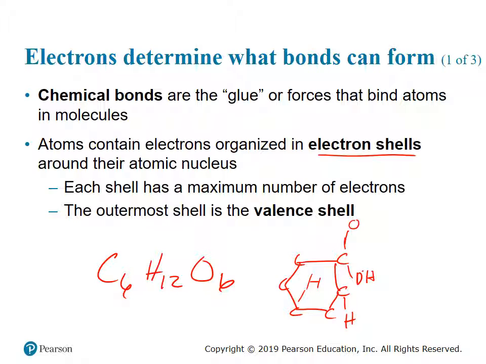Okay? Each shell, and I would call them little stages, we'll see them in a second. Each shell has a maximum number of electrons it can fit in each one of them. And the outside shell, the outside electrons, is what we call the valence shell. Okay? The valence shell.